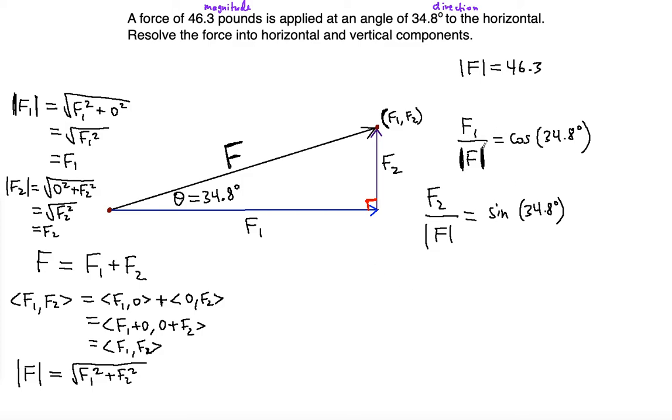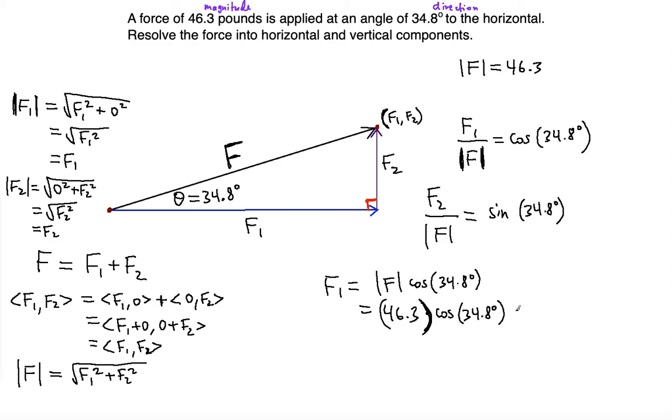So as a result, what is that going to give us? If we substitute what we know here, F1 is solvable by multiplying both sides by the magnitude of F. So you're going to get this times the cosine of 34.8. Essentially, we're going to have 46.3 times cosine of 34.8, or I can use parentheses here.